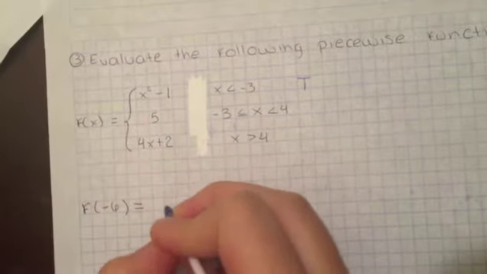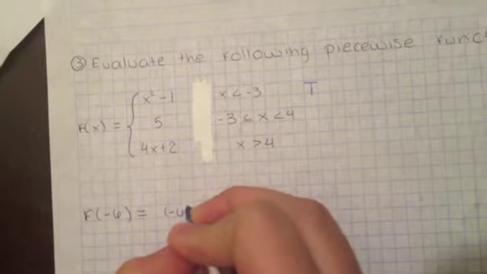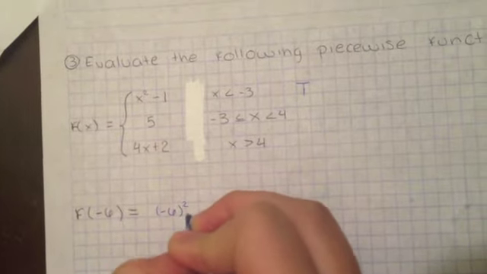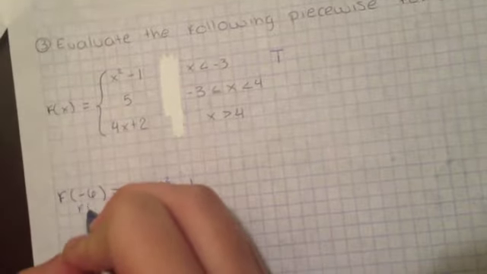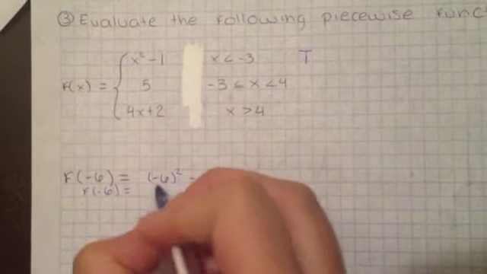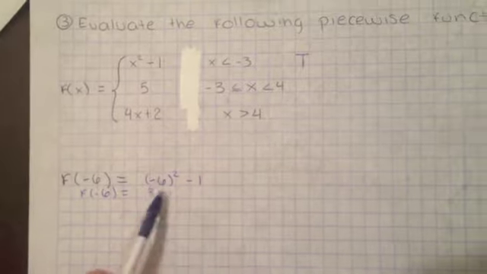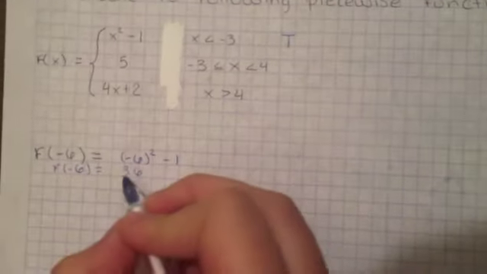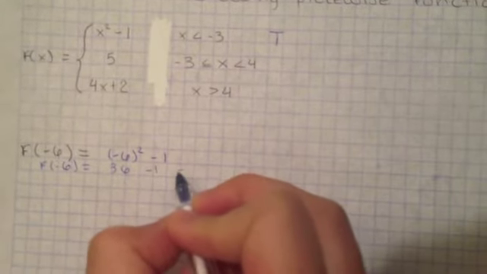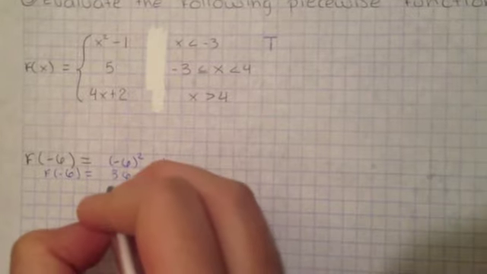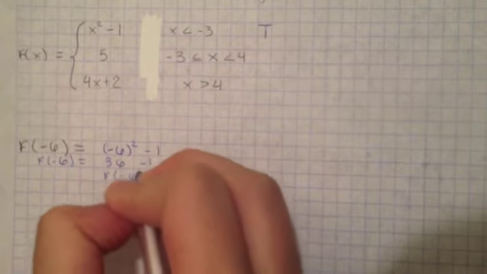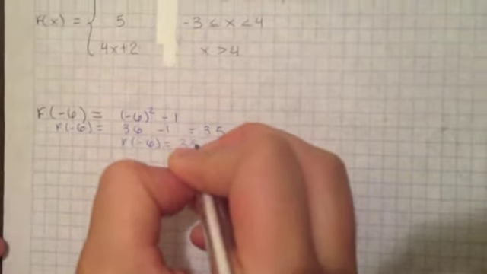So we write negative 6 inside parentheses, squared, minus 1. So f of negative 6 equals 36, and you don't have a negative since it's squared, and negative times negative equals positive. So 36 minus 1 equals 35. So the complete answer is f of negative 6 equals 35.